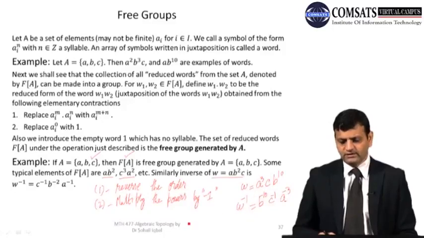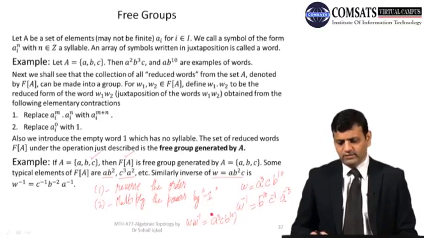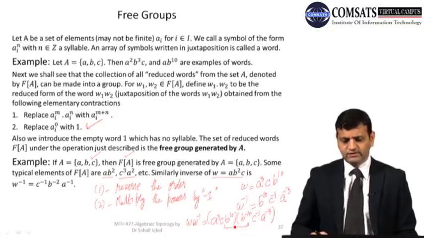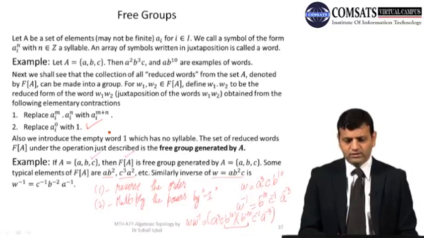So let's multiply w by w inverse to see if the result is identity or not. So a cube c b raised to power 10 multiplied by b raised to power minus 10, c raised to power minus 1, a raised to power minus 3. This b raised to power 10 and this b raised to power minus 10 will cancel out each other. Basically we will be using the second step of reduction, because b raised to power 0 is basically 1 according to this rule.